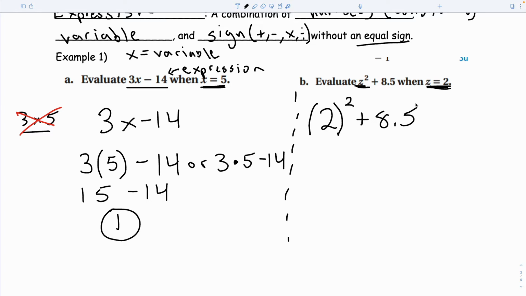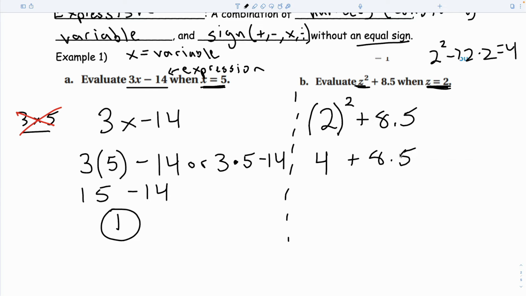Two to the second power plus 8.5. What does 2 to the second actually mean? What does 2 to the second mean, Daniel? It's 2 times 2, which is 4. Anything to the second power is itself times itself. 2 times 2 is 4. So where does that 4 go, Daniel? Okay. You just did exponents.